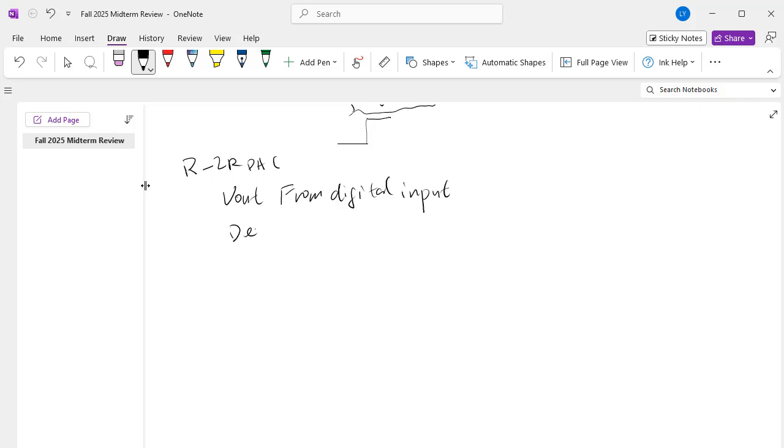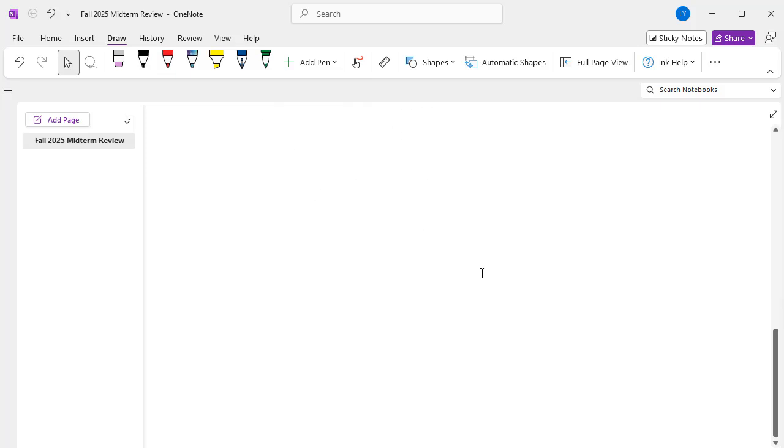Derivation is not required. Basically, if I give you a digital code, for example 101, 110, or whatever, to find the analog VL is pretty simple. I expect you can get this done in about 30 seconds. Make sure you understand how that works.